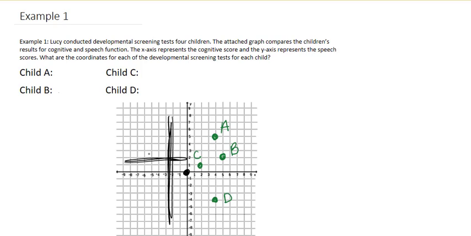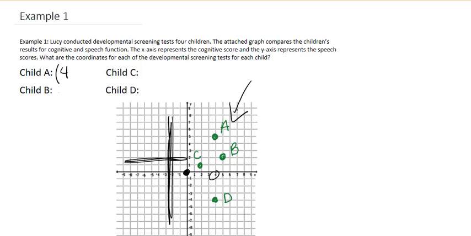So we're going to look at the horizontal first, because that's the x-axis, and that's the number we get first. So we look at the x-axis and notice that there's a 4. That 4 is what we write down because we have to move over 4 spots on the x-axis to get to A, which is right there.